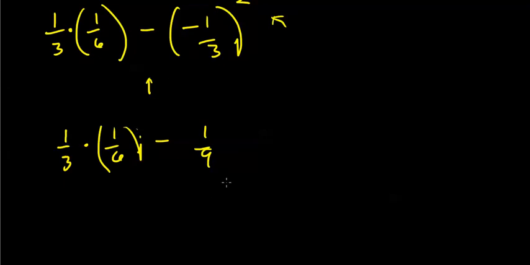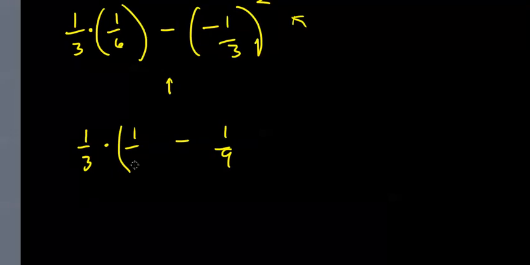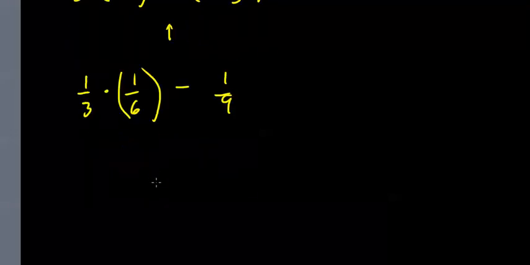All right, so let me rewrite that. Now it's turned into problems like we had done before. I'll take it a step at a time. So now we've cleared the exponents. We'll do this multiplication next. That's next on the food chain. A third times a sixth is 1/18.